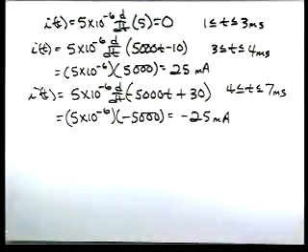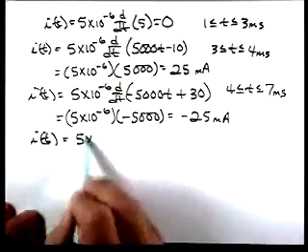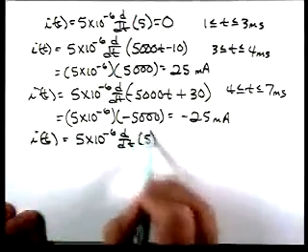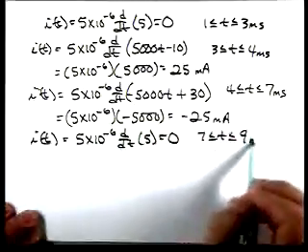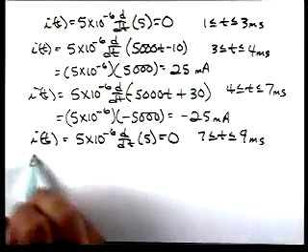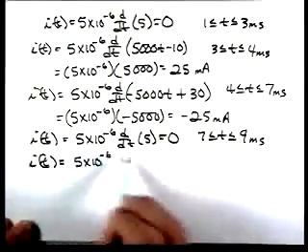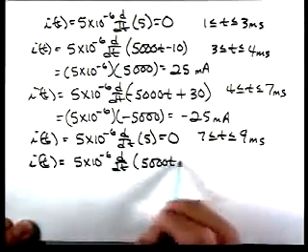For the next interval, from 7 to 9, the voltage is again constant. Then in the next interval, we take the derivative of 5,000 t minus 50.